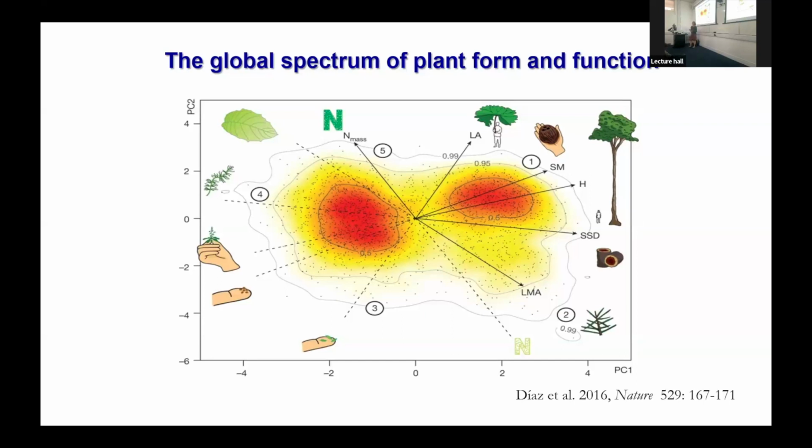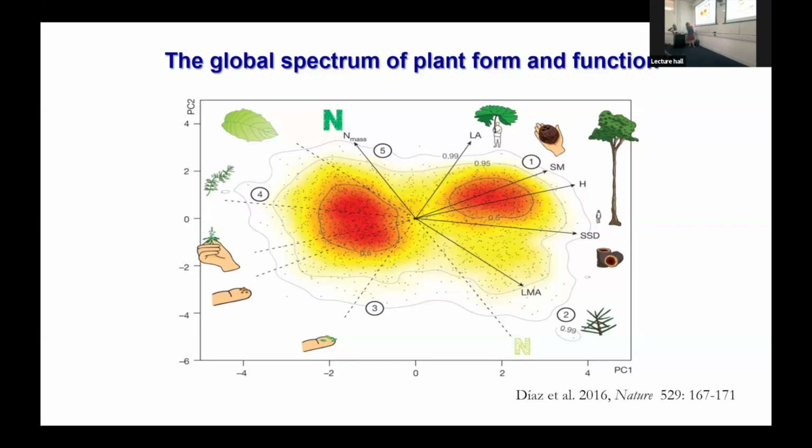Examples, holly, junipers, or even more conservative, the Australian hakeas. And at the other end of this axis, there are highly acquisitive plants with a very strong allocation to growth, with leaves that are nutrient-rich, flimsy. They are deployed very quickly and they die very quickly, like basil, for example.